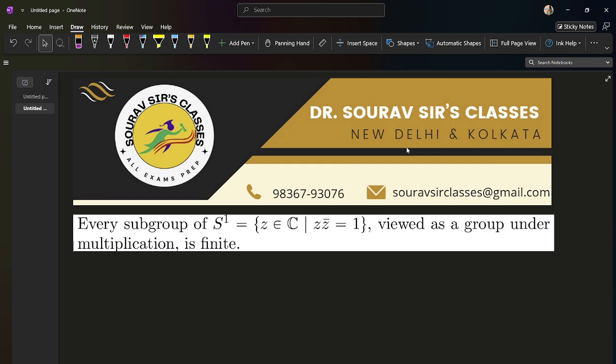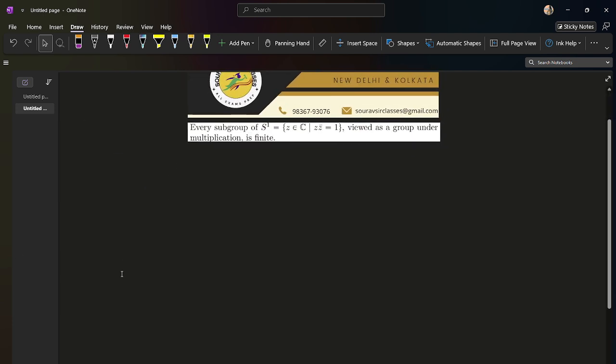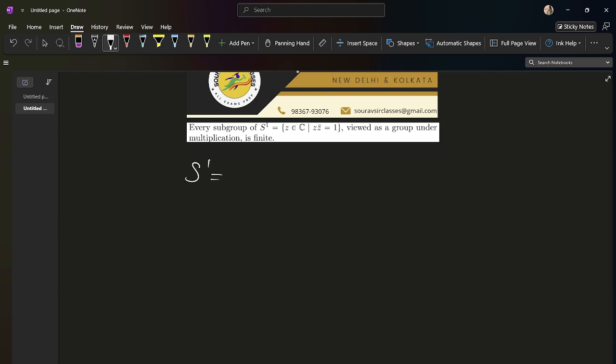So now we are going to understand the structure of S1. S1 is the unit circle in the complex plane consisting of all complex numbers of modulus 1, so we can write it as e to the power i theta, where theta belongs to R. Under multiplication, S1 forms a group, specifically an abelian group.